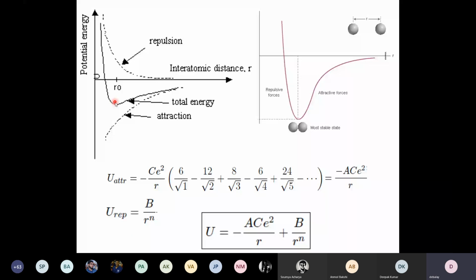That resultant potential energy. And when they are at a distance of R0 or A0, whatever you say, lattice parameter, then the potential energy is minimum. And that's why two atoms lie at that particular distance.